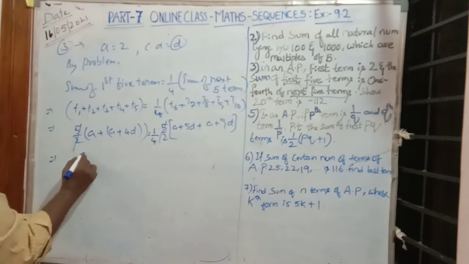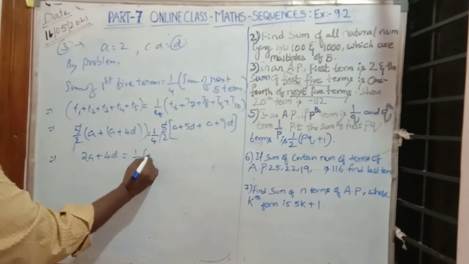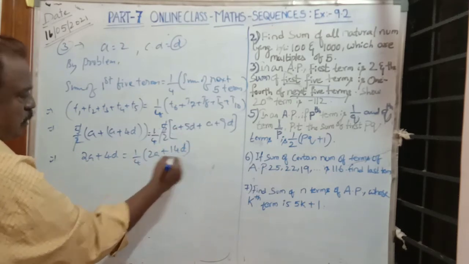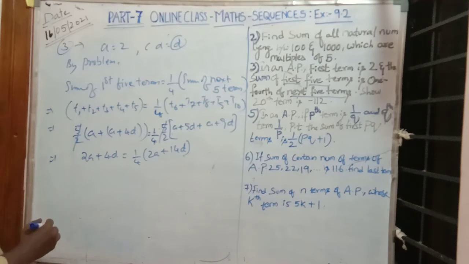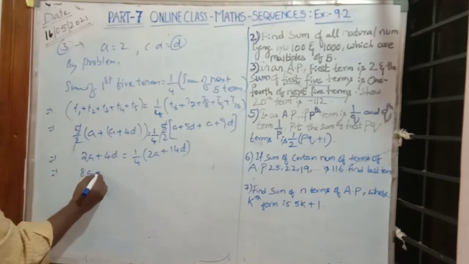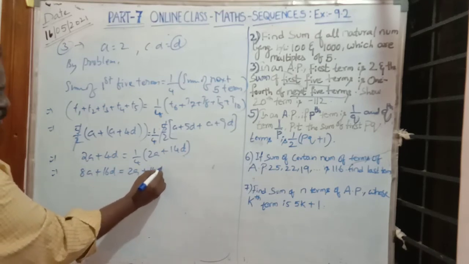So A plus A is 2A plus 4D is equal to 1 by 4 of A plus A is 2A plus 14D. Right, it is 8A plus 16D is equal to 2A plus 14D.